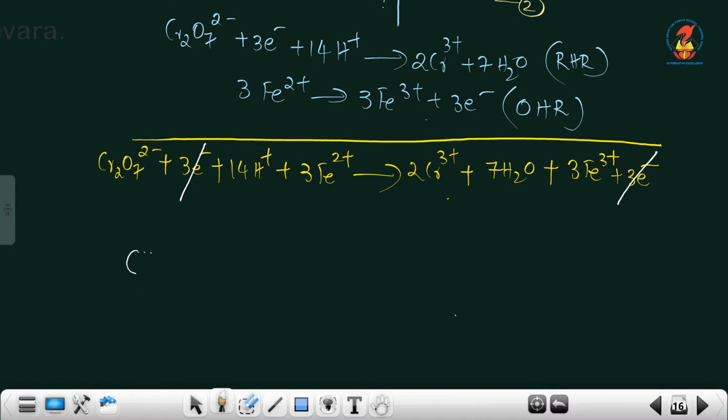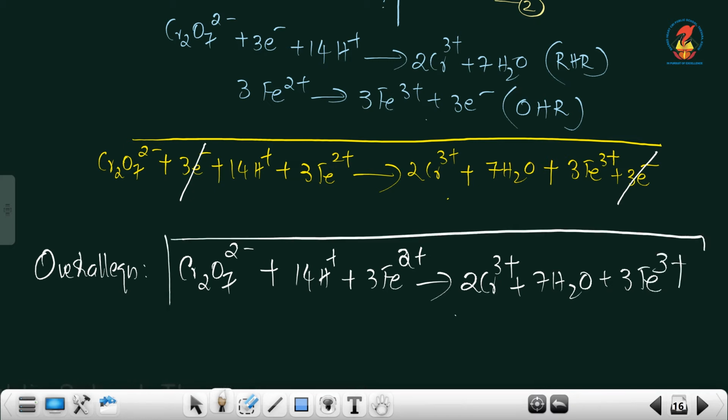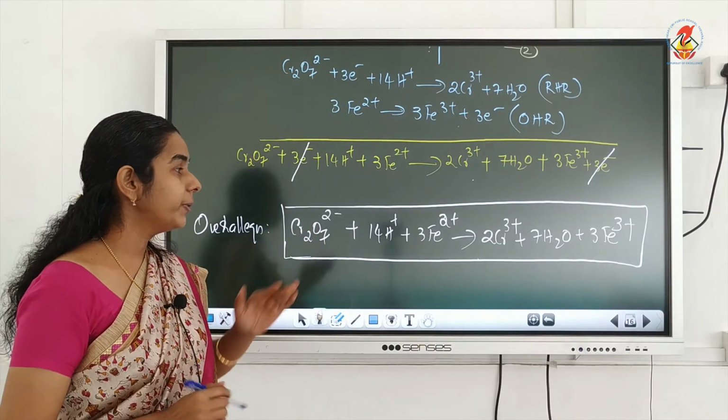So what we finally get as the overall equation is Cr2O7 2- plus 14 H+ plus 3 Fe2+ giving 2 Cr3+ plus 7 H2O plus 3 Fe3+. This is our balanced overall redox reaction. So I hope it is clear to you.